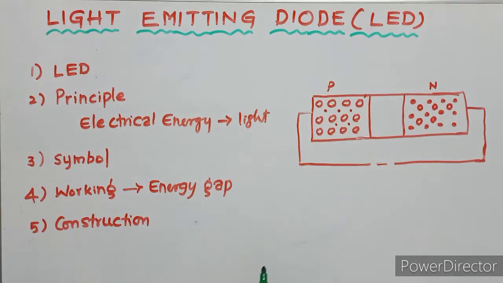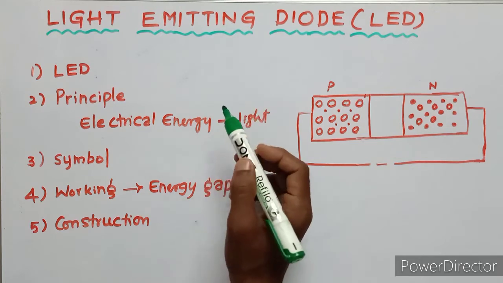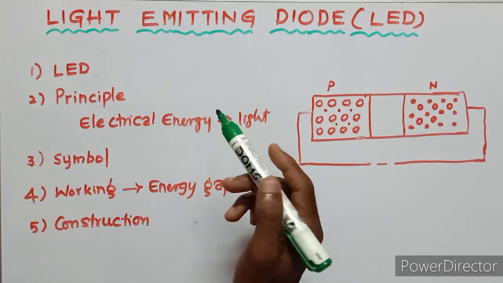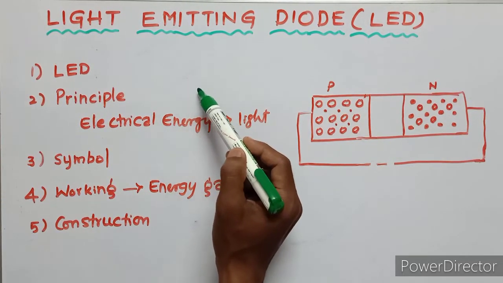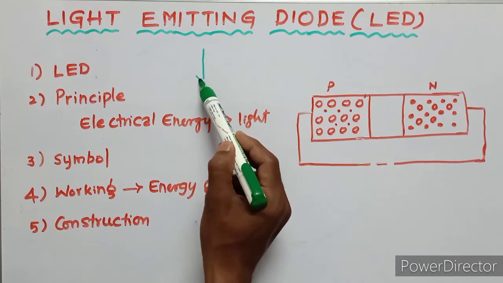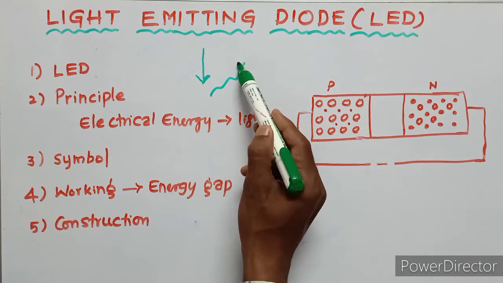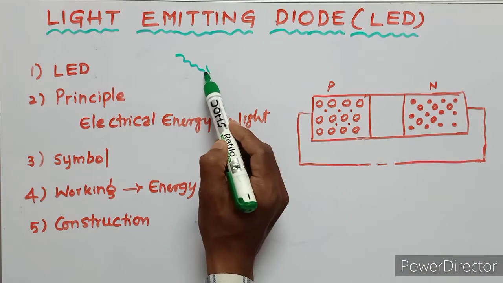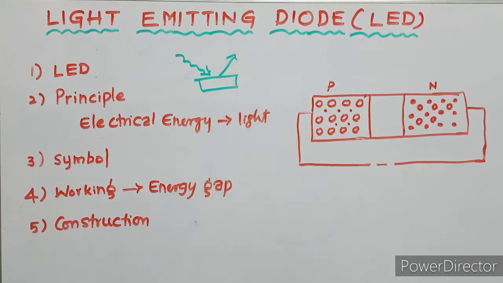LED, light emitting. Light emits. Generally in previous sessions we discussed that when light is incident on the metal, electrical energy is emitted.